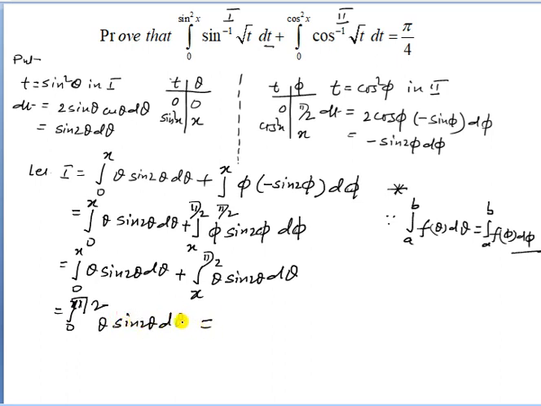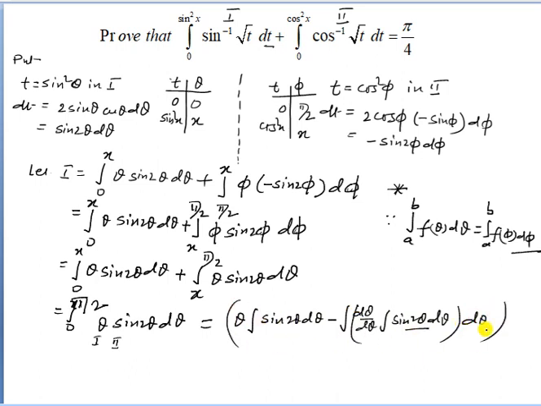Now this integration, 0 to 90 of theta sin 2 theta, can be integrated by parts. Theta is the first function and sin 2 theta is the second function. So it is theta times the integral of sin 2 theta d theta, minus the integral of the derivative of theta times the integral of sin 2 theta d theta, with limits 0 to 90.